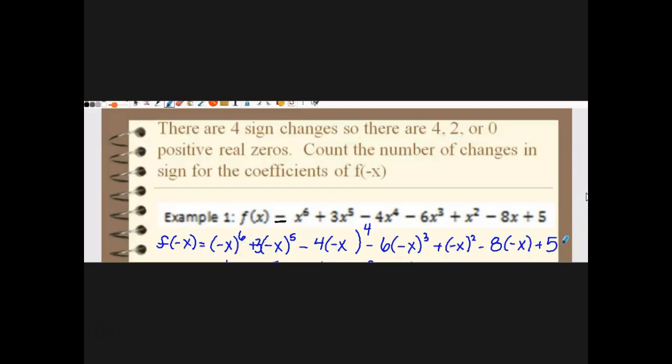So go ahead and write that down. Any even-powered term, whether a negative is plugged in or a positive, will always be positive.